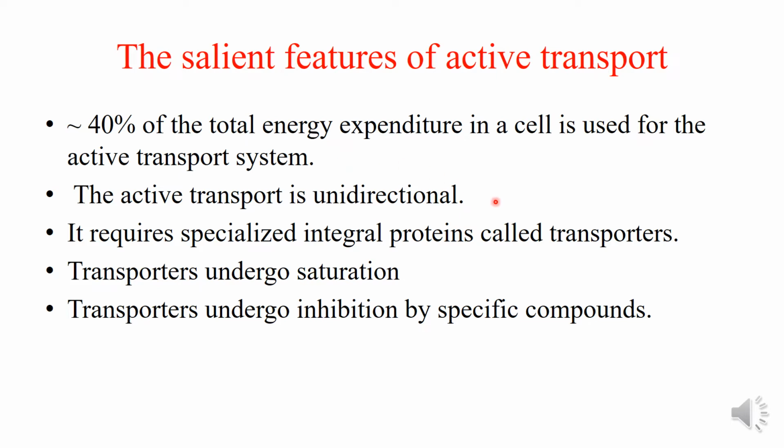Active transport is unidirectional. It requires special integral proteins called transporters. These transporters undergo saturation at higher concentration of ions, and they also undergo inhibition by specific compounds which may be of organic or inorganic in nature.